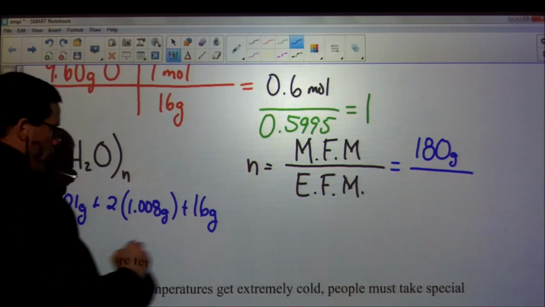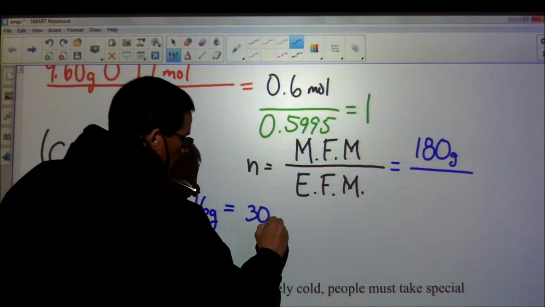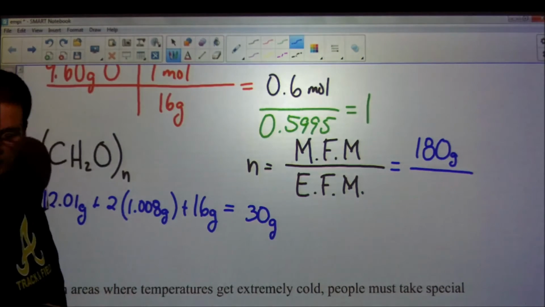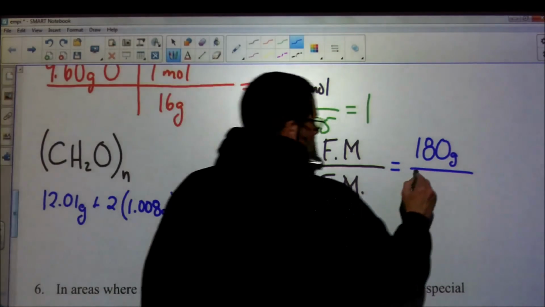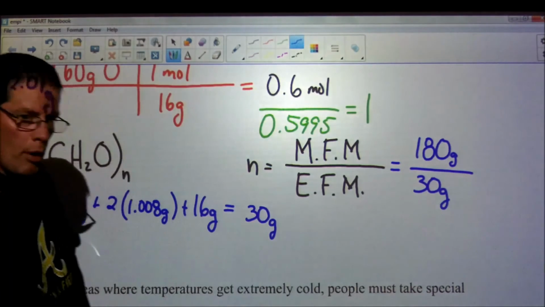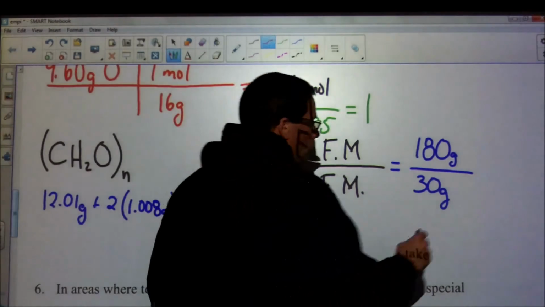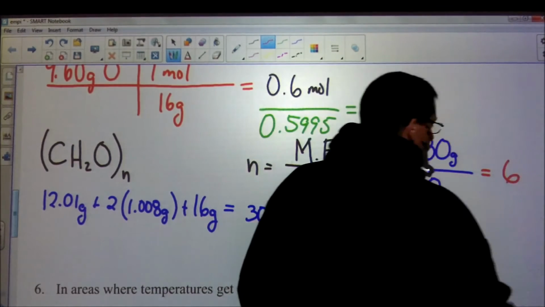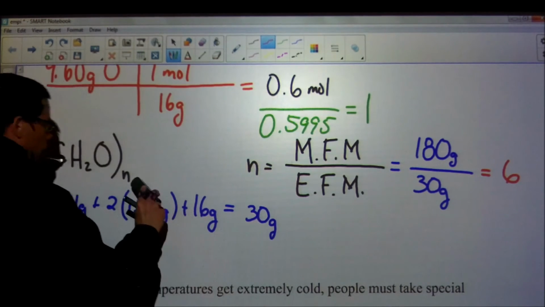When I type all that in, I get something very close to 30, 30.026. Remember our N has to be a whole number, and it would be something like 5.999 something. So in this case, we are looking at a multiplier of 6.